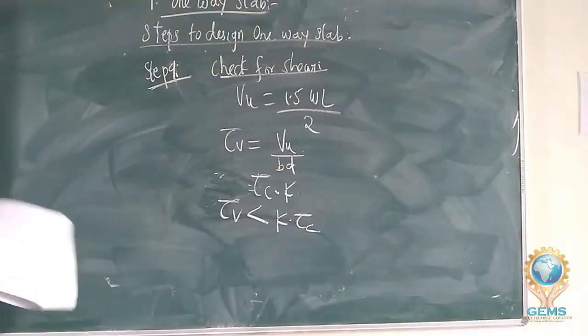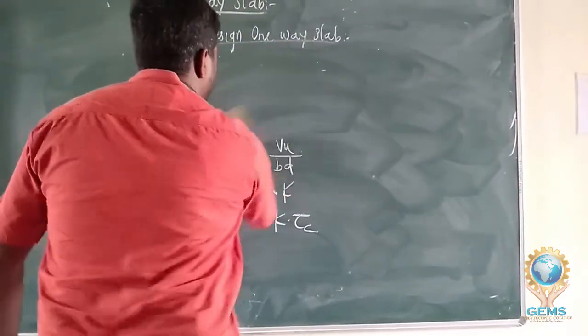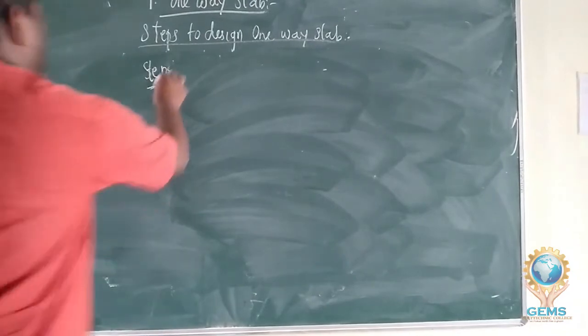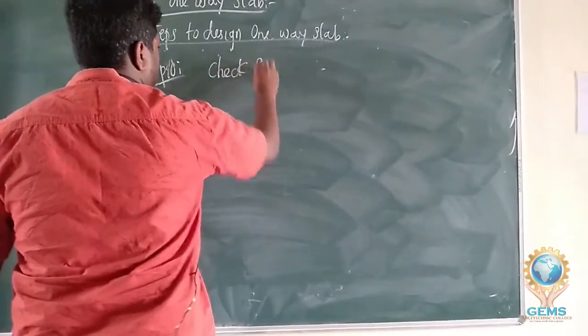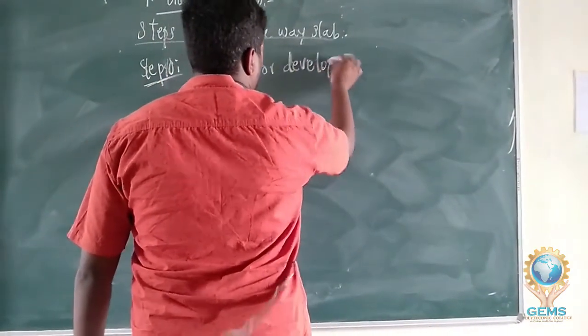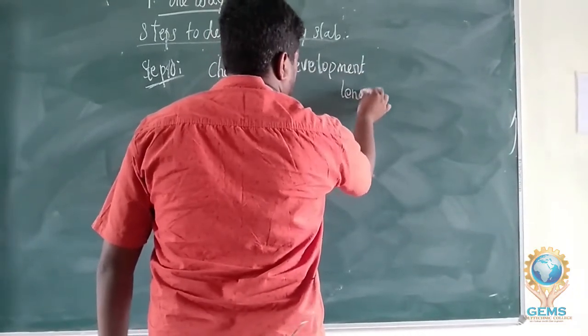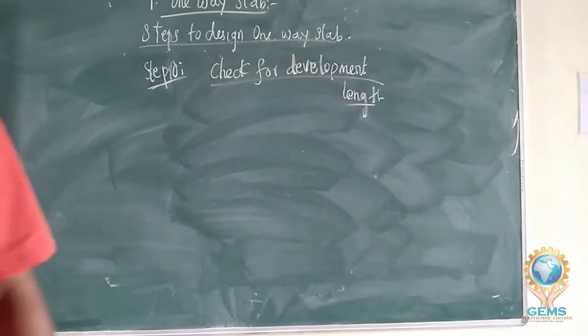Okay, this is step number 9. Step number 10 is check for development length. How will you check? Already you are studying, right? Check for development length.